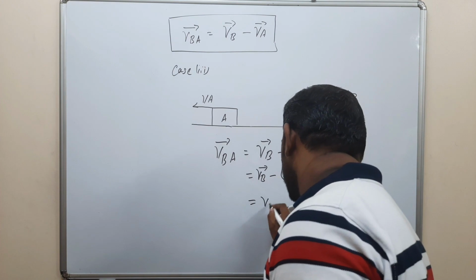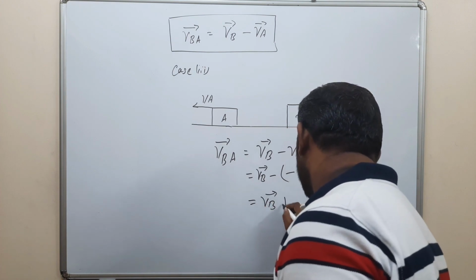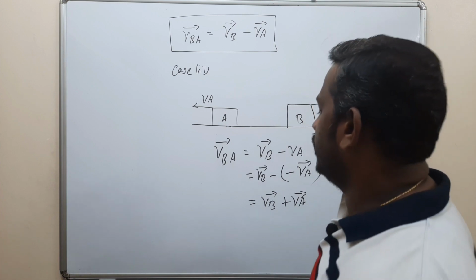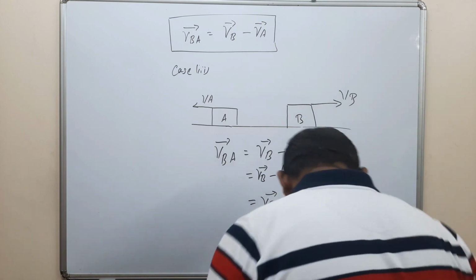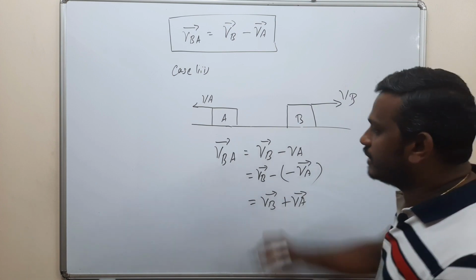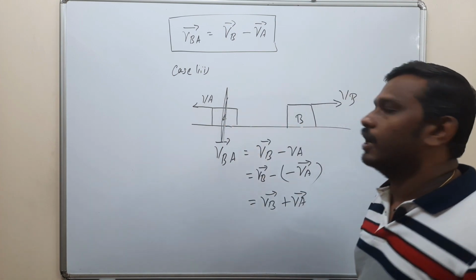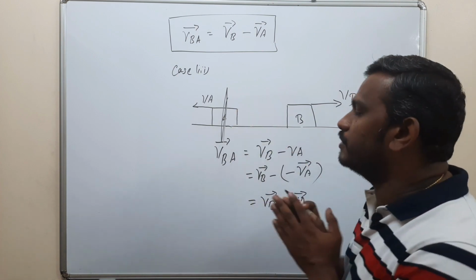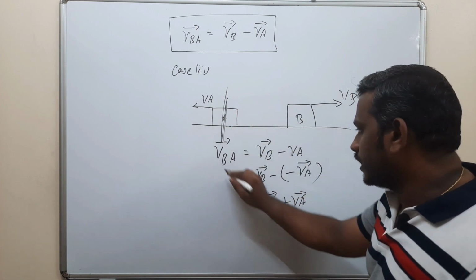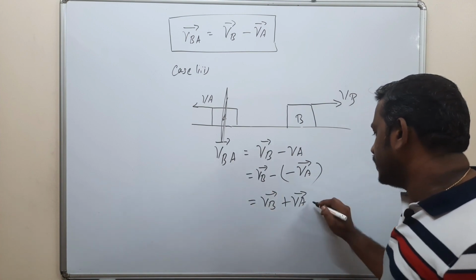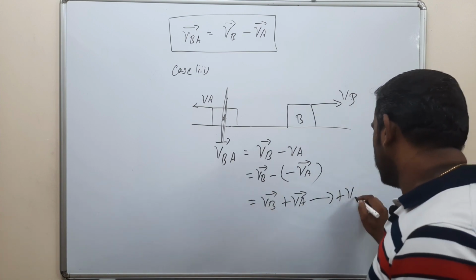So that is equal to VB vector plus VA vector. The relative velocity of B with respect to A, where A is the observer at rest and is watching B, is VBA equal to VB plus VA, which is always positive.